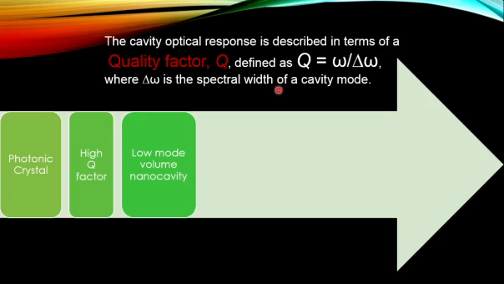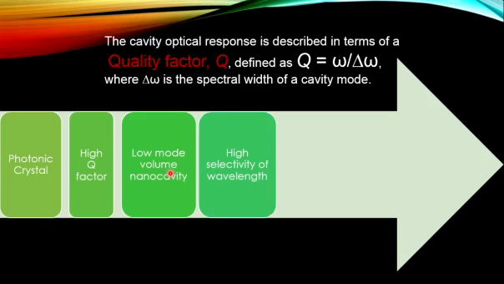That means the spread of energy or frequency is less. That means a low mode volume nanocavity. A smaller spread means a low volume or low diameter for the cavity.